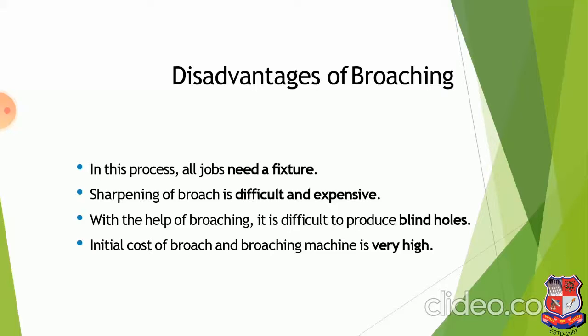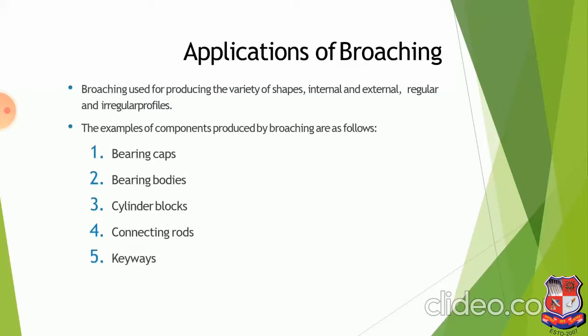Also, with broaching you cannot produce blind holes, right? That is one more disadvantage. And sometimes the initial cost is very high. So based on your application and your requirement, you can utilize the broaching machine, right? Every machine has its own advantages and disadvantages.